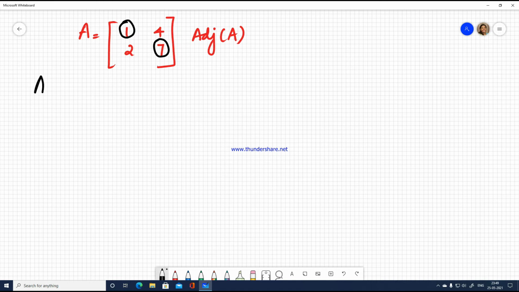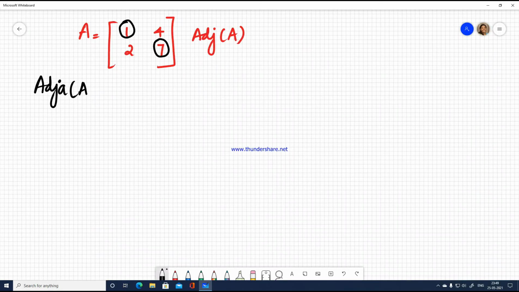Adj of A is equal to: you interchange the positions of 1 and 7, so 1 will be occupied by 7 and 7 will be occupied by 1.